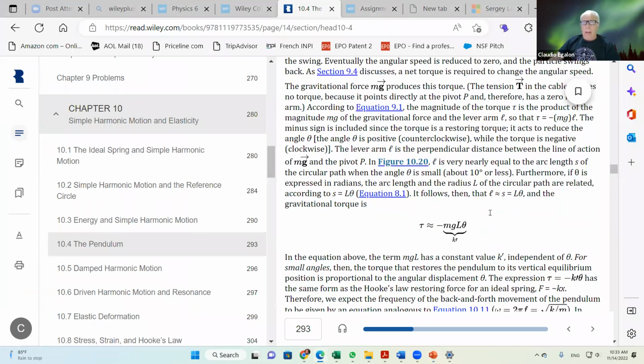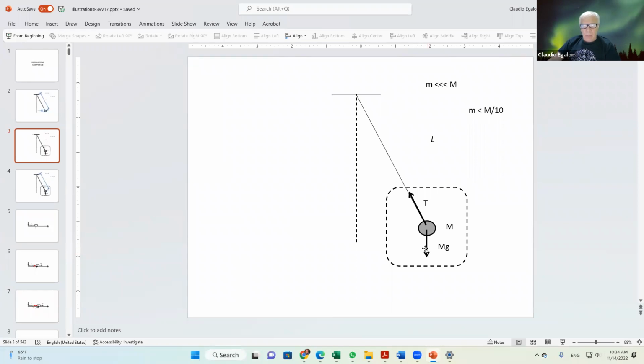It doesn't add any energy and no torque either, right? The only torque that we have here in the system is due to this force that is applied in this tangential direction to the mass. Okay, if this angle is theta, this angle here is also going to be theta.